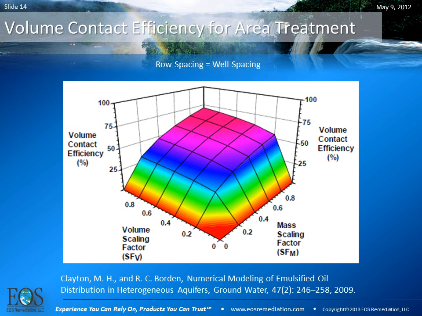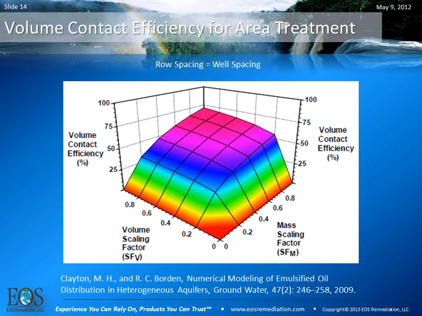And your volume scaling factor again is the volume of oil and water per unit volume of aquifer material, or a pore volume of aquifer material. The mass scaling factor is the mass of material that you can get into the subsurface per unit volume of material. So it's slightly different.